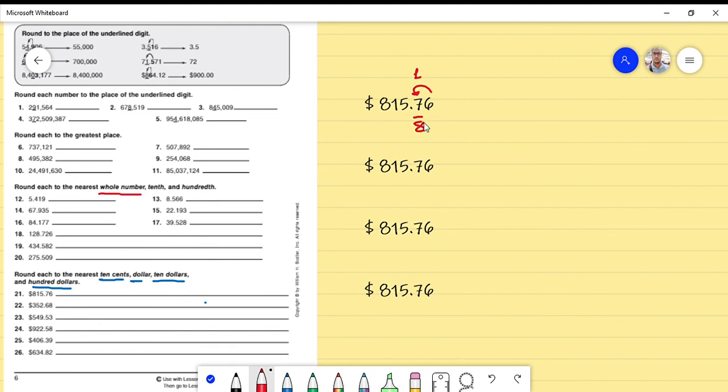And don't forget the sign of dollar. So $815.80, 80 cents. Look at the next: round to the nearest dollar.